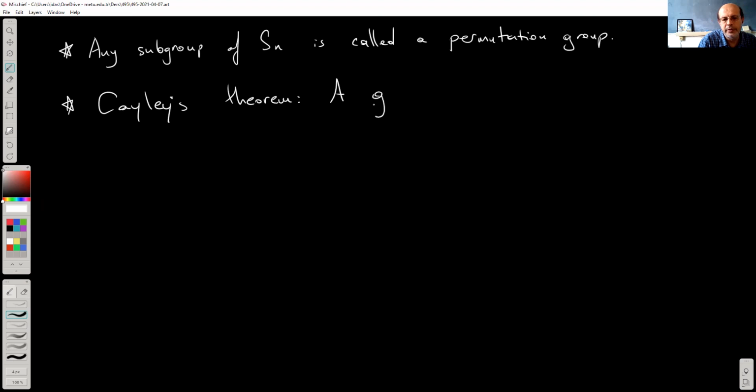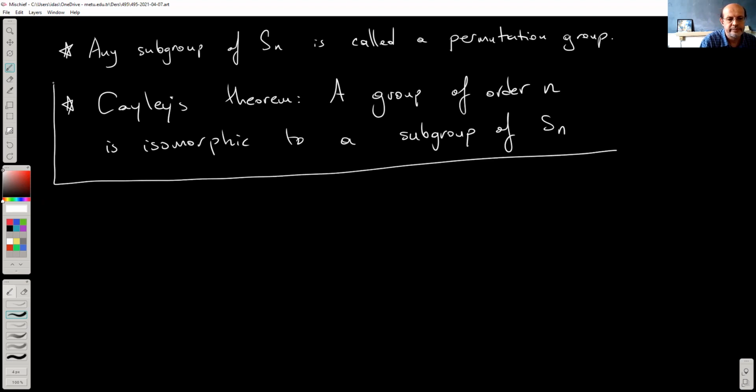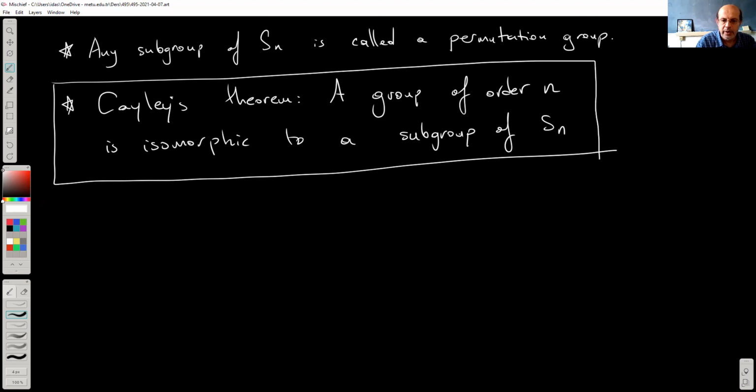A group of order n is isomorphic to a subgroup of Sn. Okay, a group G of order n.